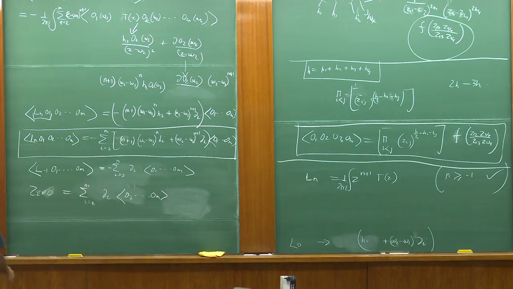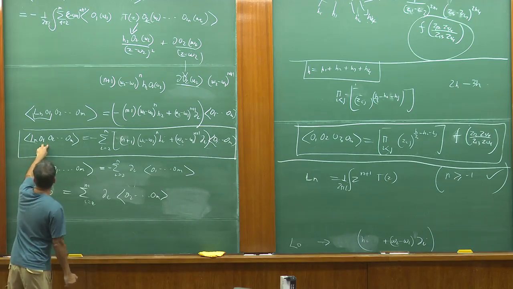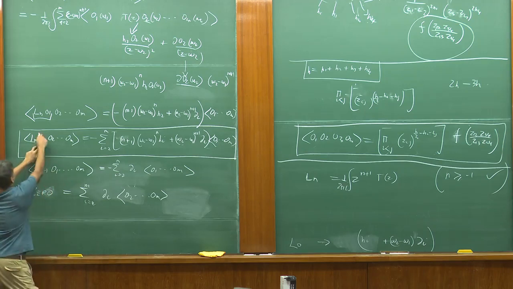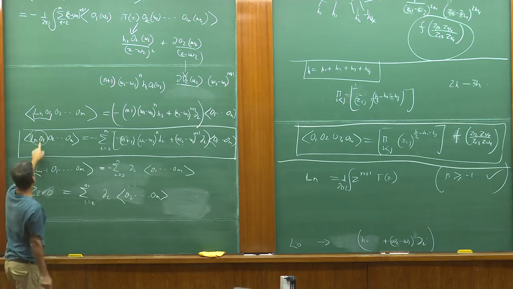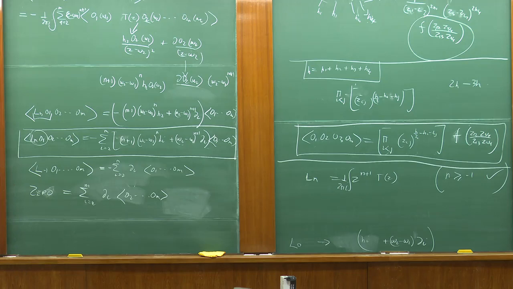So even that box statement is true only for minus 1. Yes. This statement was always true. It's whatever Ln does acting on. Oh, but you're saying to take it round. Yes, even that statement, exactly.